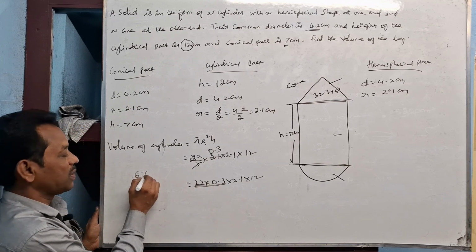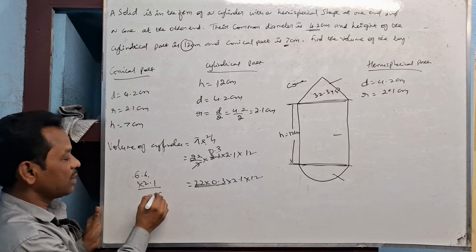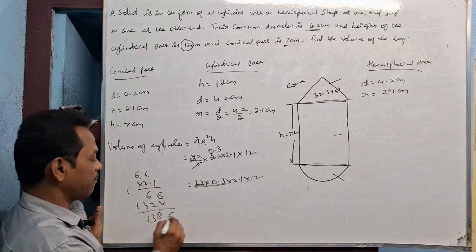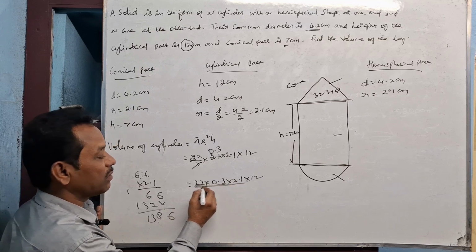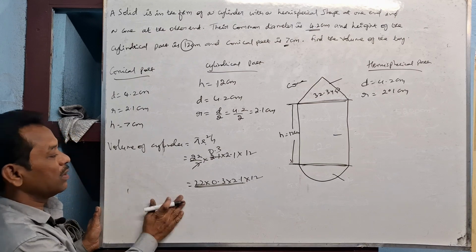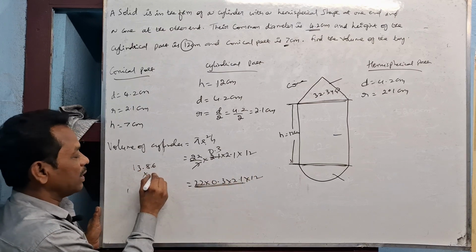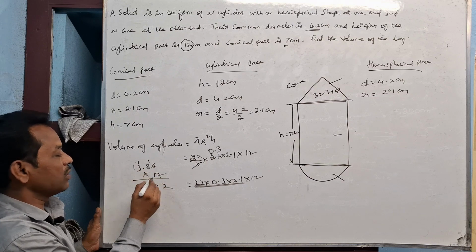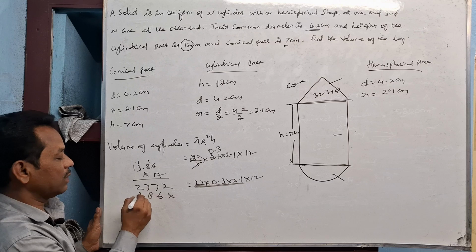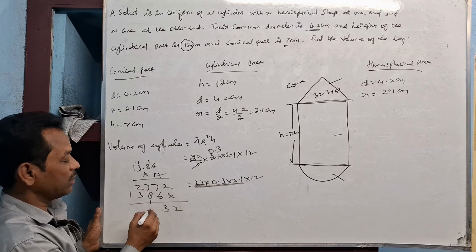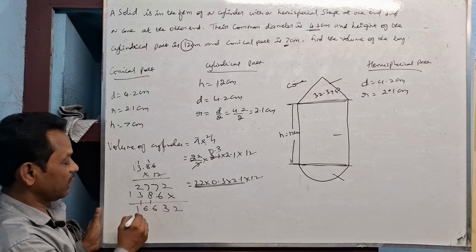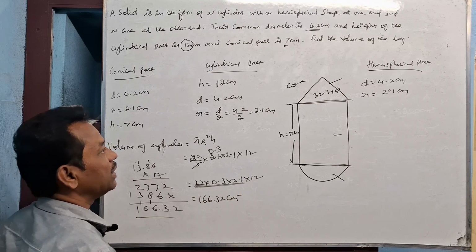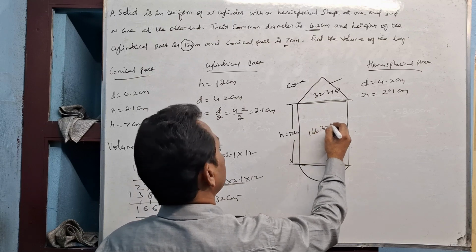The product of these is 6.6 into 2.1, which gives 13.86. Then 13.86 multiplied by 12 gives 166.32. So the volume of the cylinder is 166.32 centimeters cube.